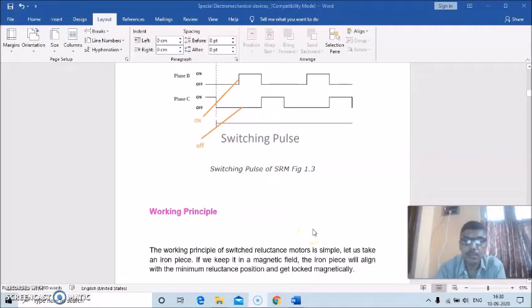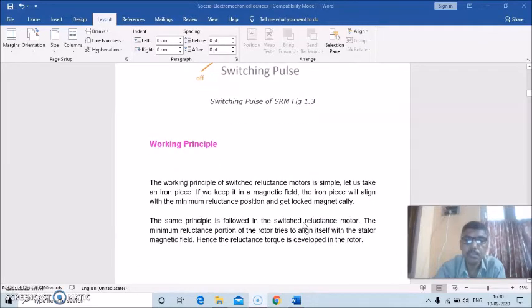So this is the switching pulse of SRM, and the working principle of the switched reluctance motor is simple. Let us take an iron piece. If we keep it in a magnetic field, the iron piece will align with the minimum reluctance position and get locked magnetically.